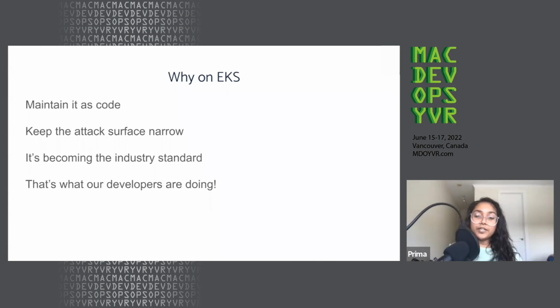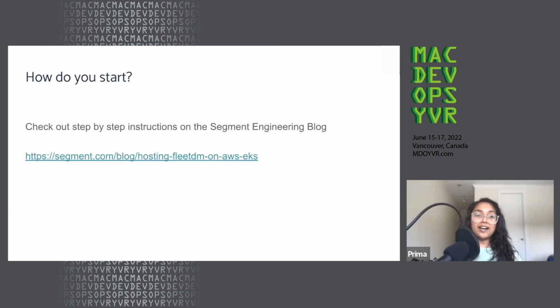And yeah, that's my jam for the day. If you have any questions or are confused about how to even begin, please feel free to check out the step-by-step instructions that I've written on the Segment Engineering blog.